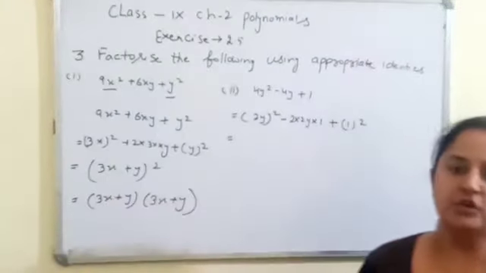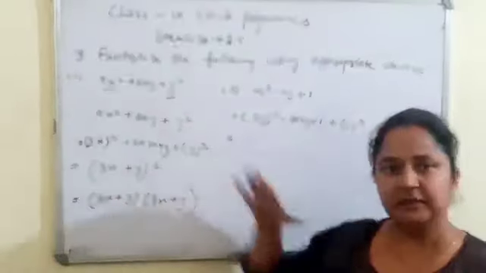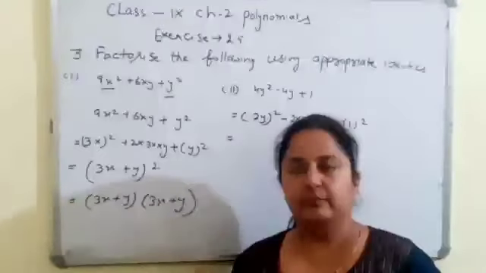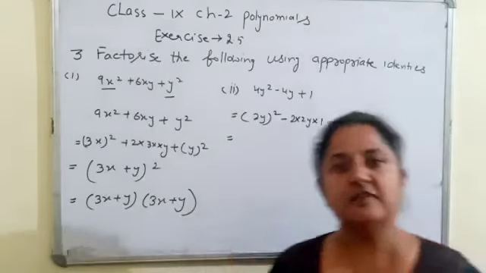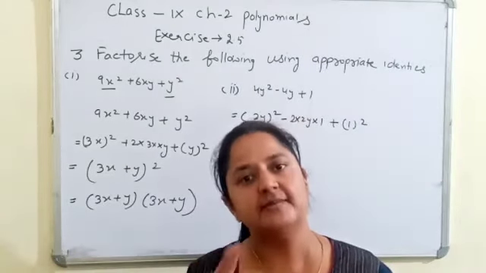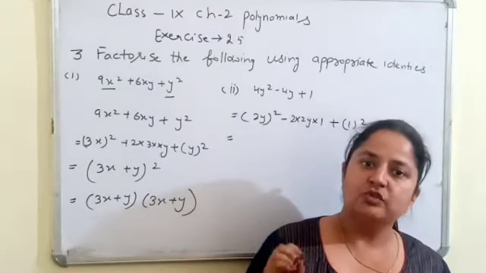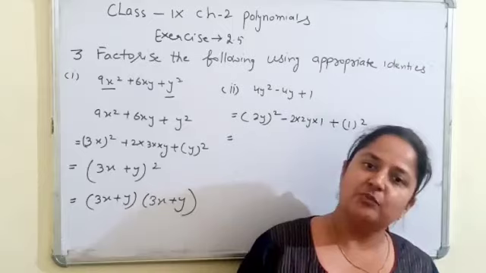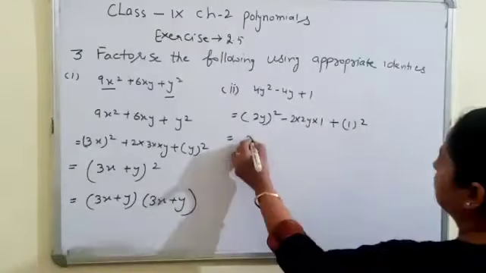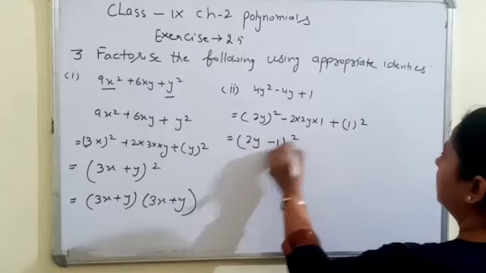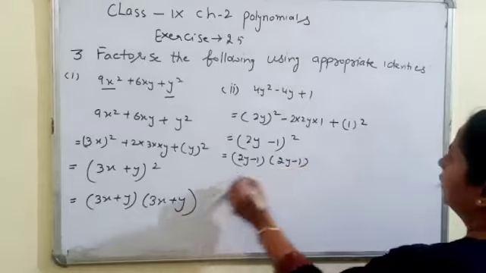It will identify which identity you can use here. If you have 3 terms and 2 of these terms are perfect squares, keep this in your mind. Remember it. We can use the perfect square identity (a plus b) or (a minus b) whole square here. So this is (2y minus 1) square. So we can write it as (2y minus 1) to the power 2.